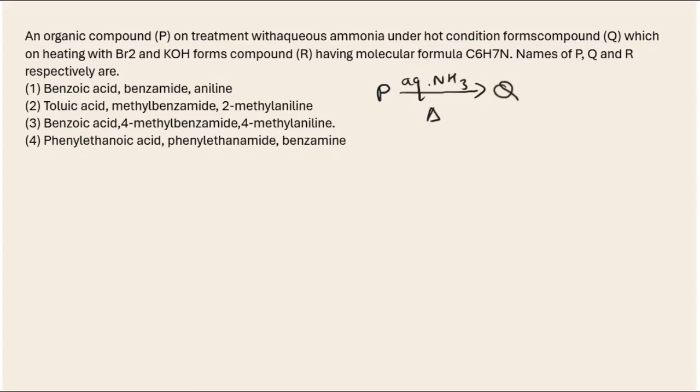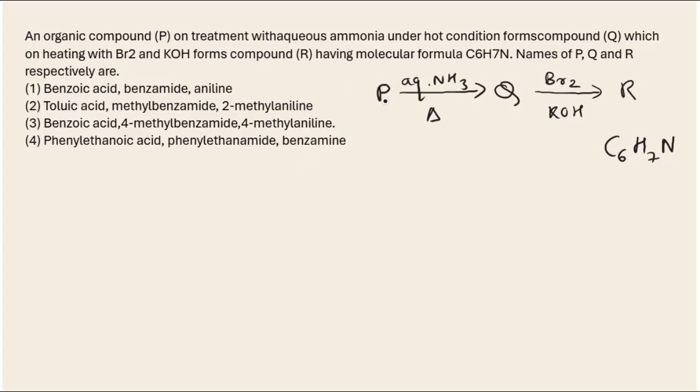It's forming product Q. Q on heating with bromine in presence of a base, that is KOH, is forming R. And the molecular formula of R is already given, that is C6H7N. So what are the names of P, Q and R? If you read out the options here, you see there is an acid and then there is an amide and then there is an amine.